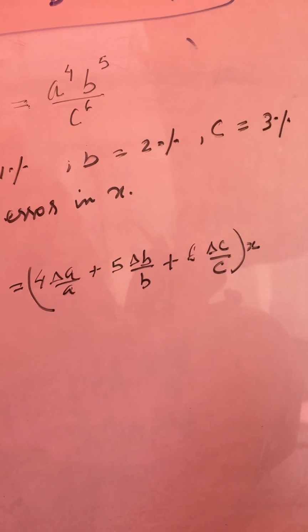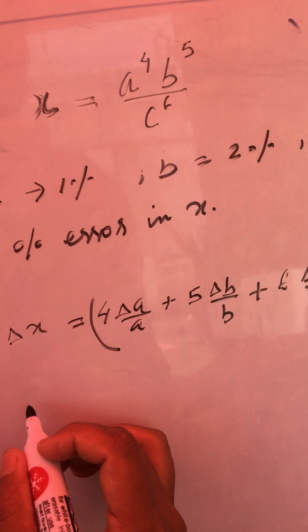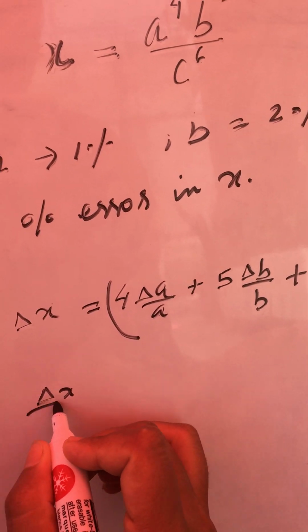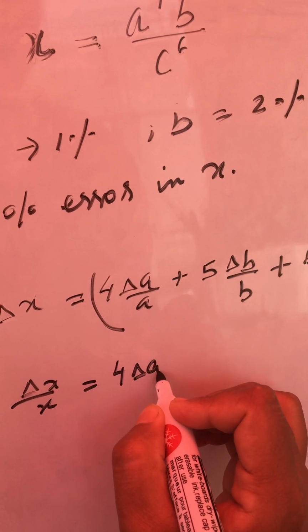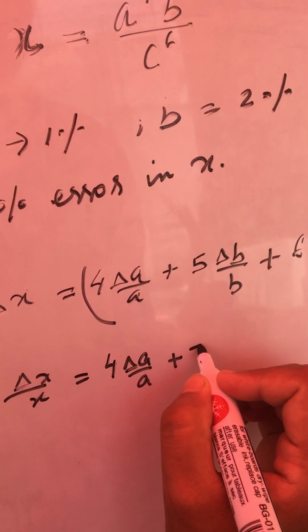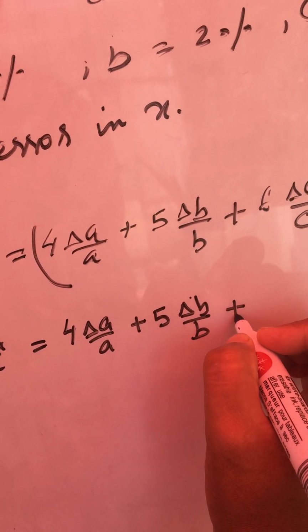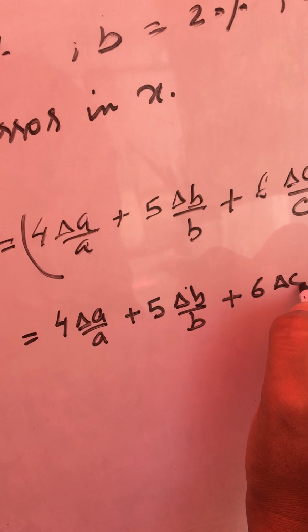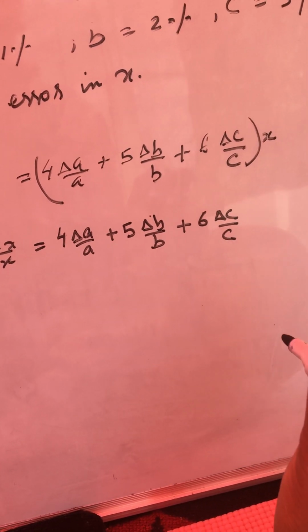Now if I transfer this x to the other side, it goes to the denominator. Delta x by x is equal to 4 delta a by a plus 5 delta b by b, the same thing I'm writing, plus 6 delta c by c. Clear, no?